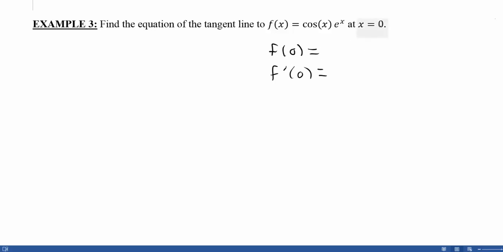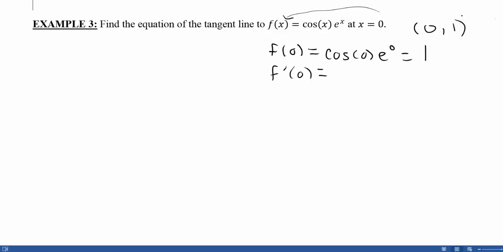So f of 0 means I'm going to take 0 and plug it into my function. So cosine of 0 times e to the 0. Cosine of 0 is 1, and e to the 0 is also 1. So 1 times 1 is 1, which means my point is going to be 0, 1. The point where the tangent line touches this function is at the point 0, 1.